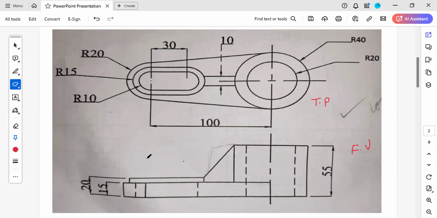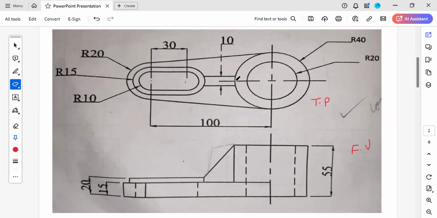Next, the hollow portion is indicated here. That means here we will get a hollow portion. On this side also, at a distance of 30, you will get one more circle, a half circle, whose radius is 10. One more outer circle is there, for that the radius will be 15.